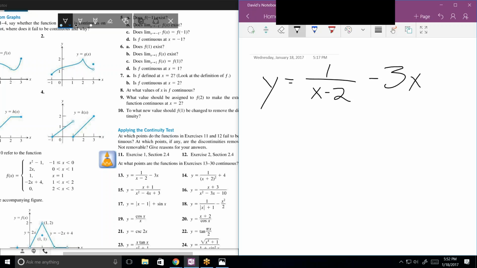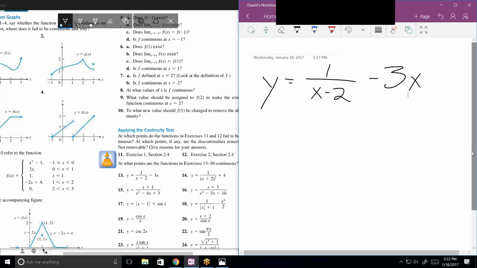Divide by 0. You cannot divide by 0. So when x is equal to 2, I'm dividing by 0. Cannot do that, so it cannot be continuous there. Whenever you're dividing by 0, you end up with a vertical asymptote.